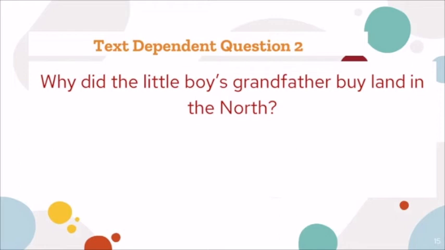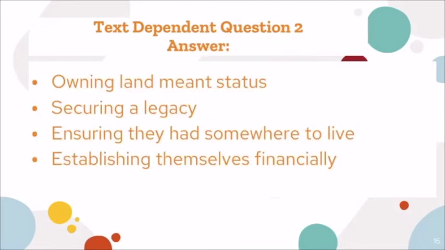Why did the little boy's grandfather buy land in the North? Of course, you should be using your text to answer the question. So let's find the answer in the text. If you answered in paragraph 4 that he was determined to get his family out of the South, then you are right.